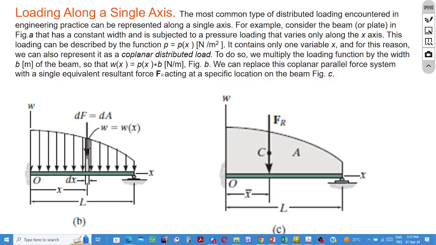This load can be described by the pressure distribution function. It contains only one variable, x. It depends on the x value only. In the x direction, it is a non-uniform distribution, but in the other direction, it is uniform.